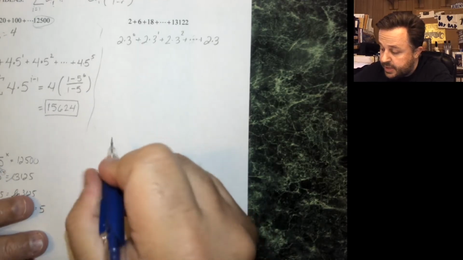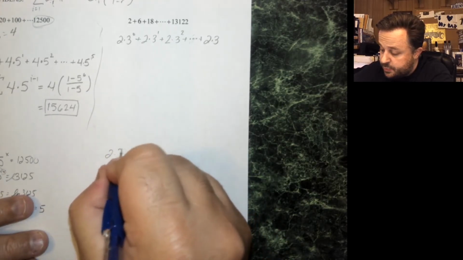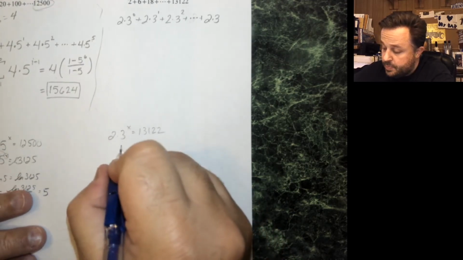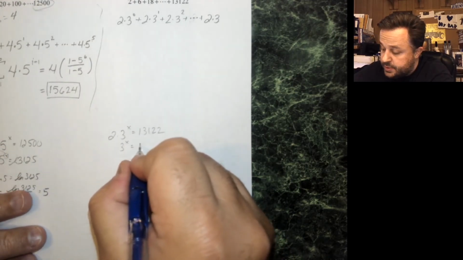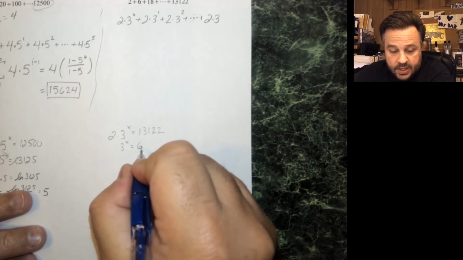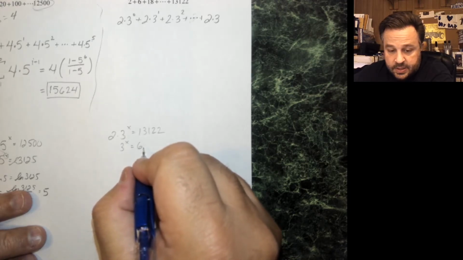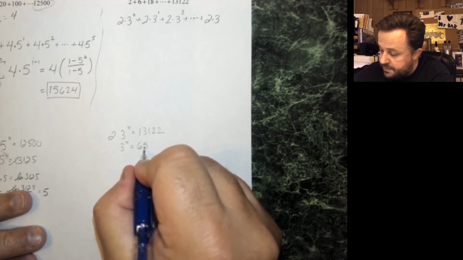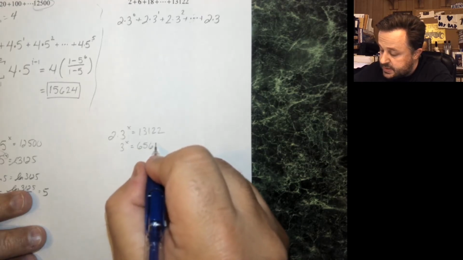So again, I come down here. 2 times 3 to what power gives me 13,122? Divide both sides by 2. I get 6,561.